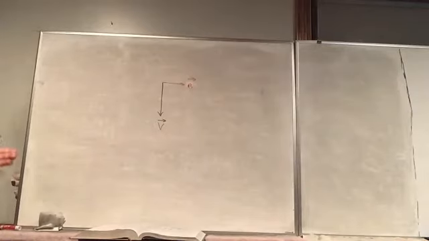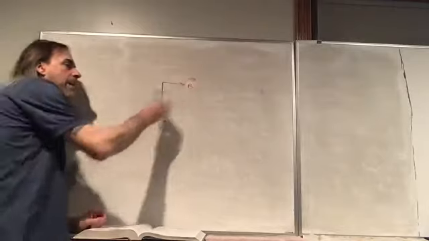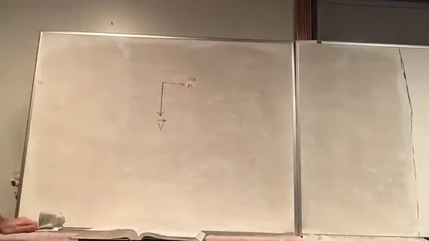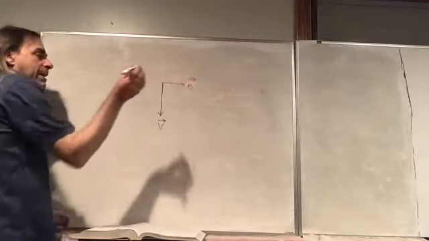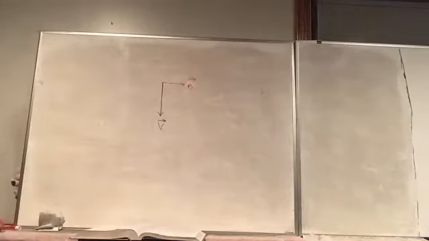And so to start with, the electric field, magnetic field and velocity are all vectors, and they're all perpendicular to each other. So velocity and magnetic field form a plane, that'd be the board. So the electric field has to be perpendicular to the board, either into the board or out of it.